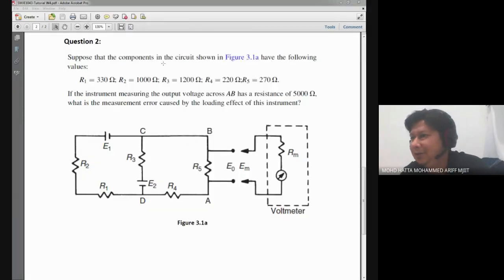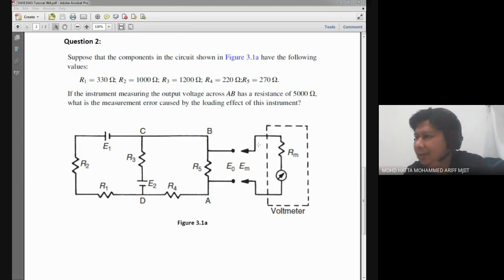Okay, again, I will try to read out the question. Suppose that the components in the circuit shown in figure 3.1a have the following values: R1 330 ohms, R2 1000, R3 1.2 kilo, R4 220 ohm, R5 270 ohm. If the instrument measuring the output voltage across AB has a resistance of 5000 ohm, what is the measurement error caused by the loading effect of this instrument?